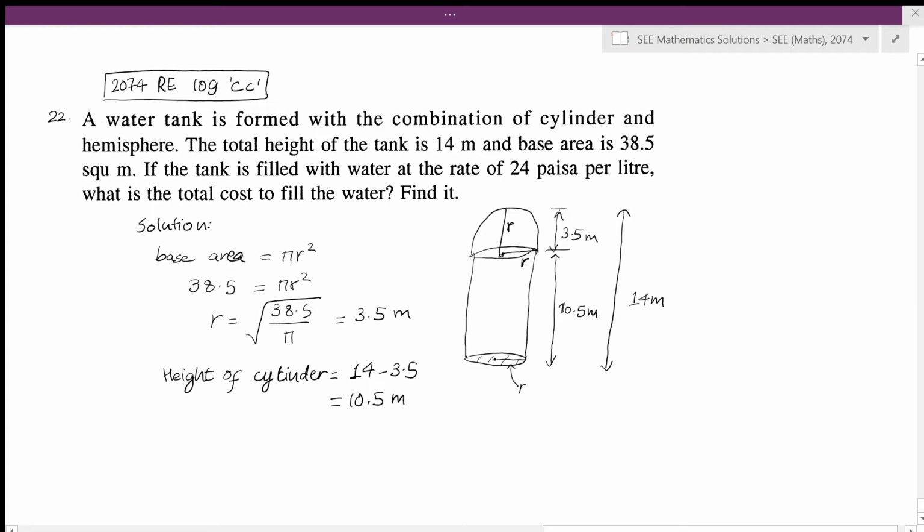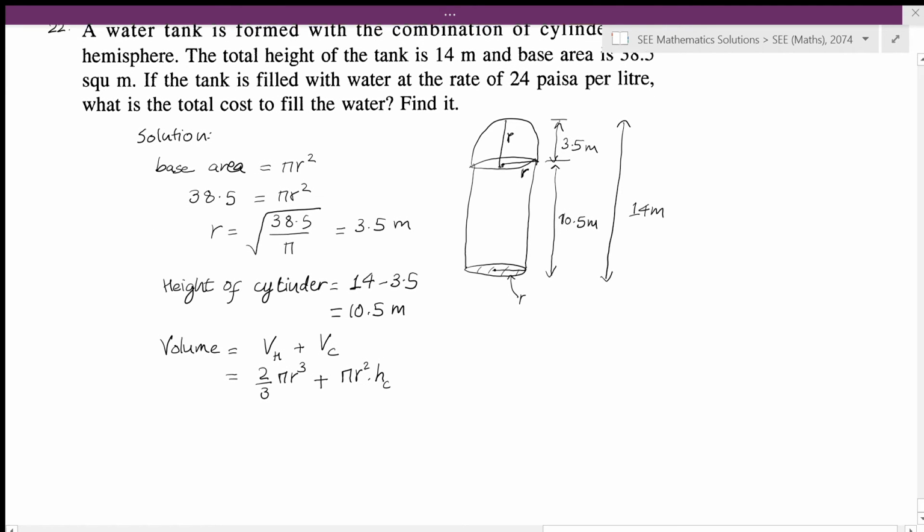All right, and we have to find the volume. Volume is equal to volume of hemisphere plus volume of cylinder, right? Volume of hemisphere is 2 by 3 pi r cube, that is the half of sphere, plus volume of cylinder is pi r square times height of cylinder. Don't use the total height.